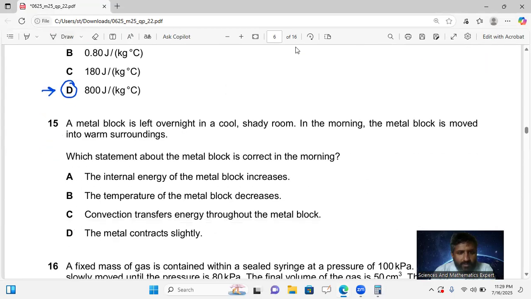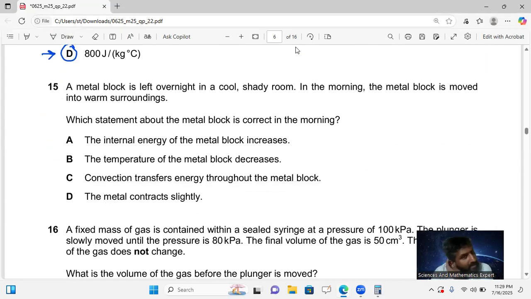Let's move to question number 15, where he is saying that a metal block is left overnight in a cool, shady room. In the morning, the metal block is moved into the warm surroundings. Which statement about the metal block is correct in the morning? The internal energy of the metal block is increased.